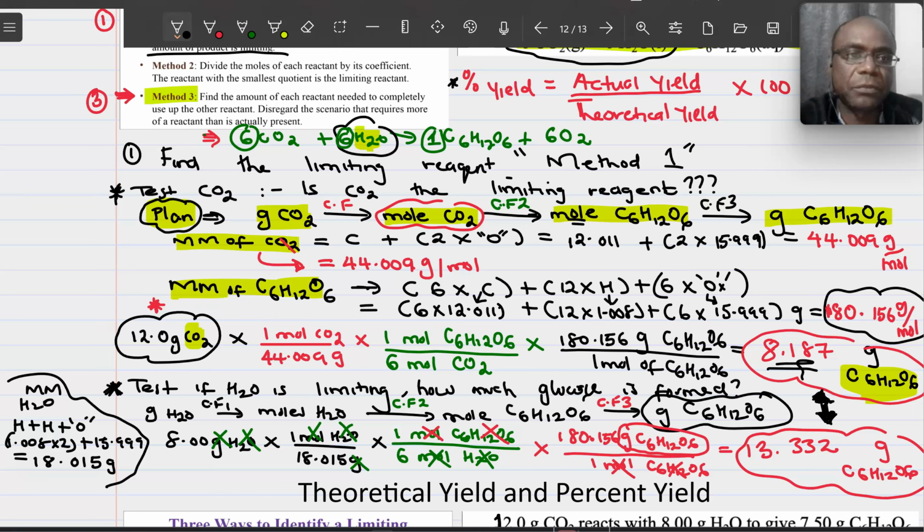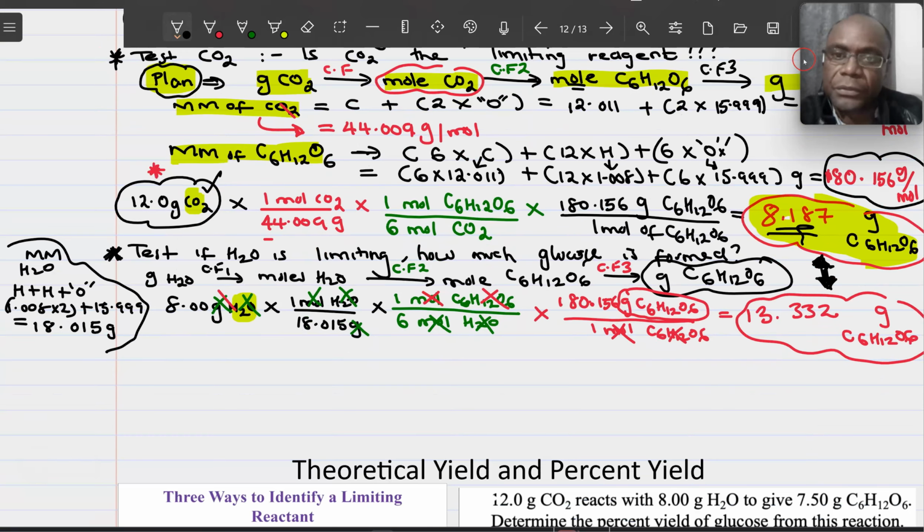So between these two, who gives us the least amount of glucose? Is it the CO2 or is it the water? I have approximately 8 grams and I have 13 grams. So the CO2 is limiting because it gives us the least amount of product. That amount is also the theoretical yield.